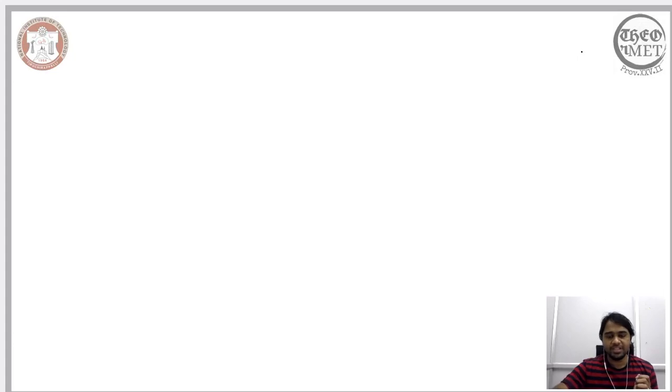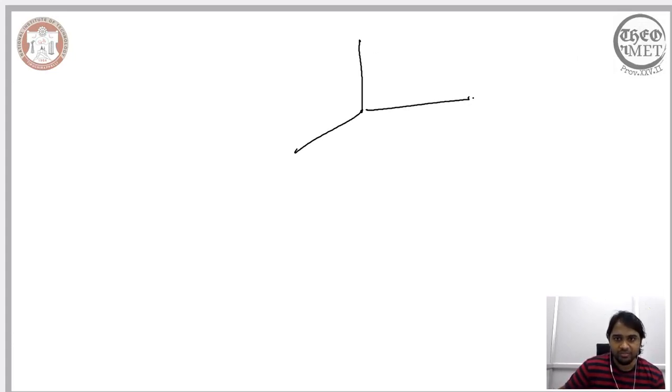So again, let us consider a setup like this. We have our pressure, we have our temperature, and we have our volume here. Let us assume that the initial state, the red one, is here, that is P1 and T1, and there is a final state, that is P2 and T2.